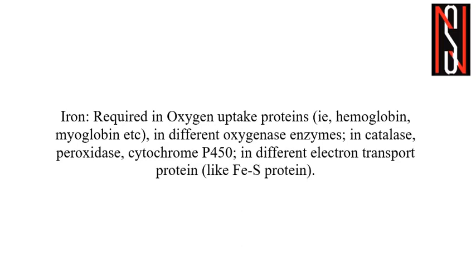This iron ion is also very important in different oxygenase enzymes, in catalase, peroxidase, cytochrome P450, which we will discuss in the next few classes. It is also important in different electron transport proteins like iron-sulfur proteins, and all these things we will discuss in our next classes.